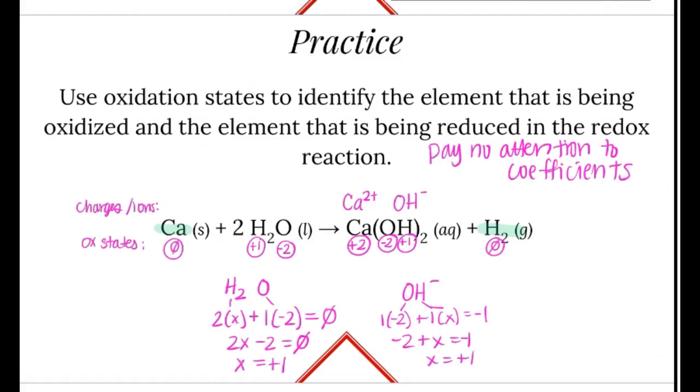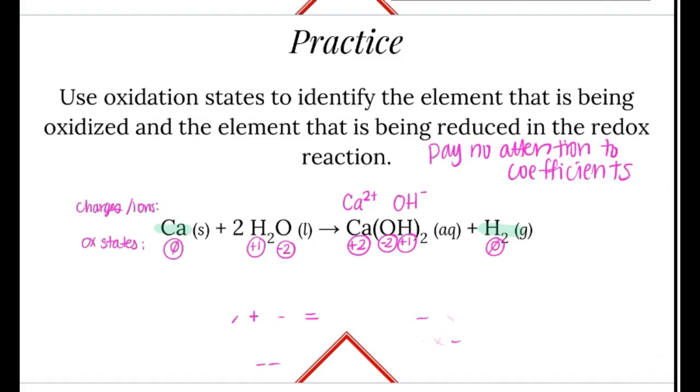And so we need to also determine what's being oxidized and what's being reduced. So let me erase my work here. And now I'm going to look at what's going on with each of these elements. So let's check out calcium. On the left side, calcium has an oxidation state of 0, and it is moving to an oxidation state of +2.